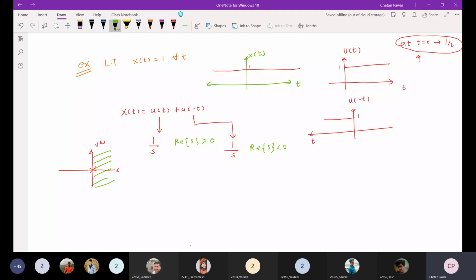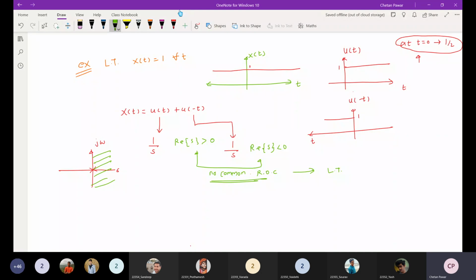Now, if you see these two signals, there is no common ROC here. So no common region of convergence. So the Laplace transform of this signal doesn't exist, because no common ROC is there.